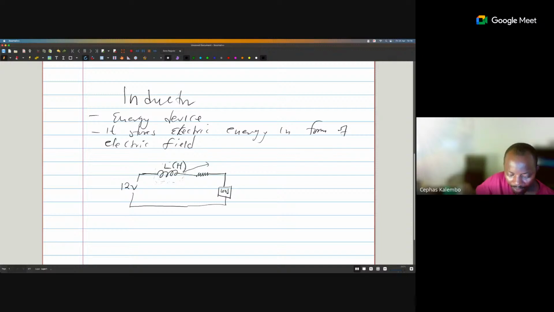Okay. Then inductors are used in transformers. So when you see a transformer, what is in there basically is an inductor. Inductors are used in chokes. So when you see these fluorescent tube bulbs, a fluorescent tube will have an inductor in it. Now that inductor we will call a choke.